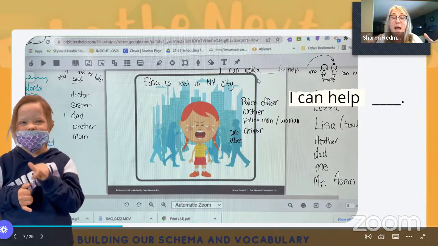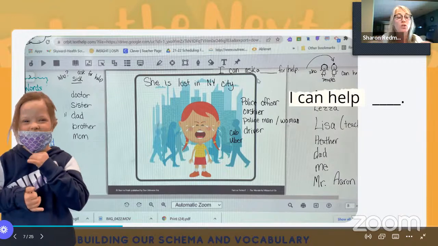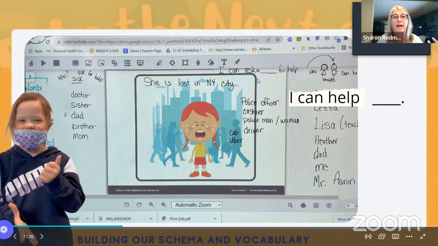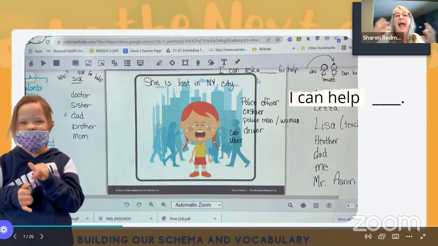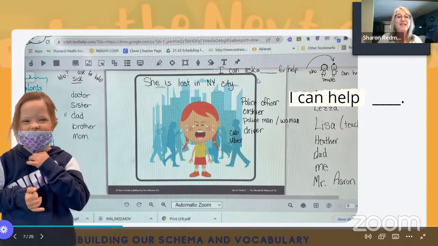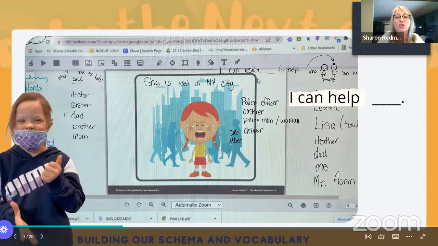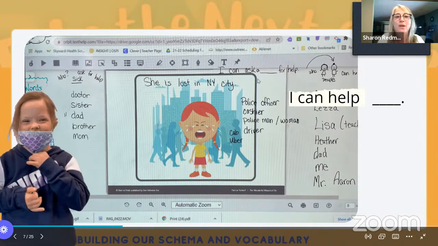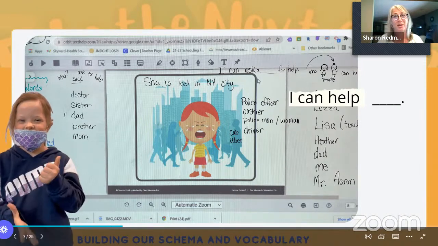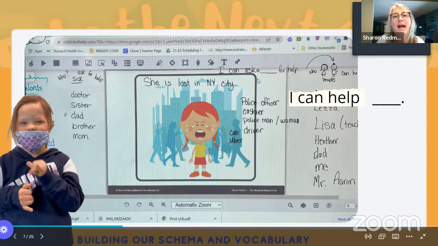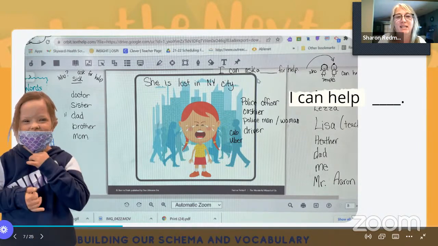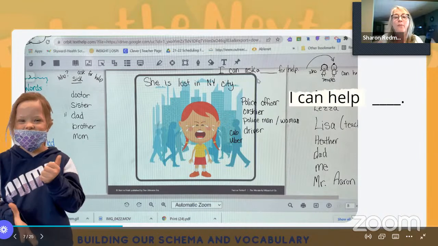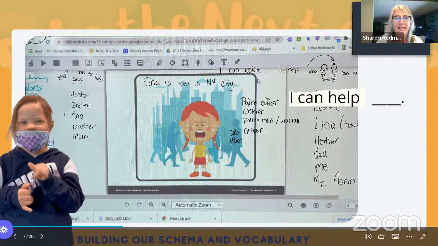Our sentence stem that uses core words, which is the heart of predictable chart writing, then them adding to the end. But if they didn't know the words, or didn't understand what asking for help meant to them, I would have kids just look at me. And so we had to go back and pre-teach. We had to go back and teach this vocabulary. We had to go back and teach meaning and bring meaning into this.